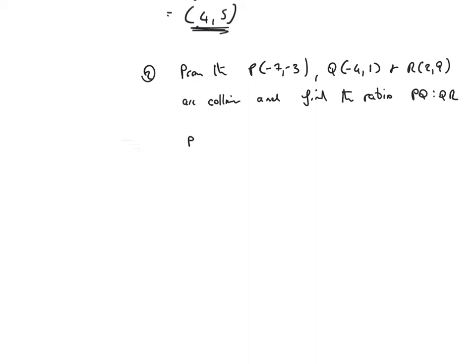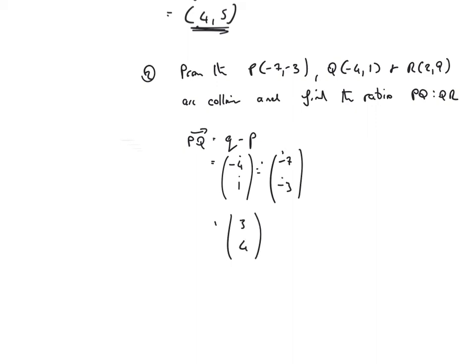So PQ then is going to be Q minus P, and that is (-4, 1) minus (-7, -3). -4 minus -7, that's -4 plus 7, that's 3. 1 minus -3, that's 1 plus 3, that's 4.